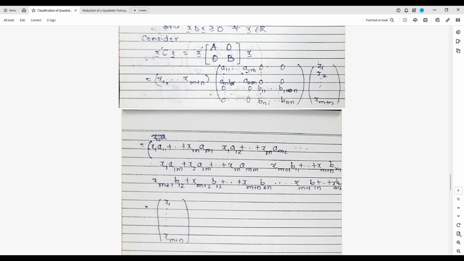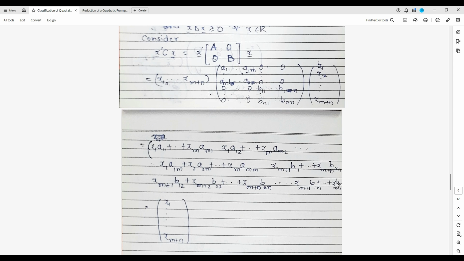So we expand it. The first row becomes x1 into a11 plus x2 into a21 up to xm into am1, and the rest of the elements are zeros, so they won't contribute to the first term. Notice that the product of this vector and this matrix would be a row vector of dimension m plus n.